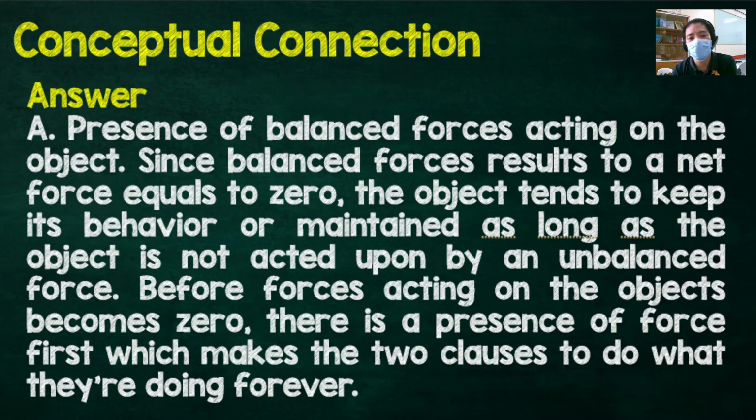These objects tend to keep their behavior. An object at rest will be at rest, and an object in a state of motion will keep moving if they are affected by balanced forces. Before the forces acting on the object become zero, there is a presence of forces first, which makes the two clauses do what they are doing forever.